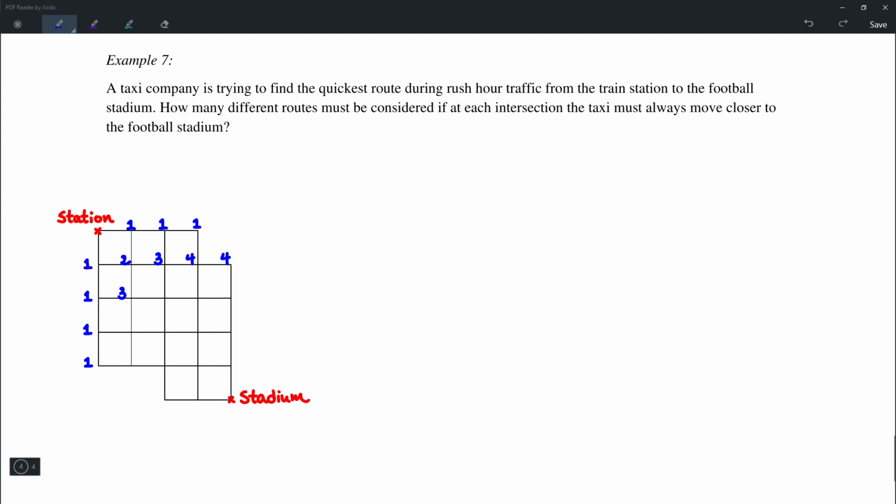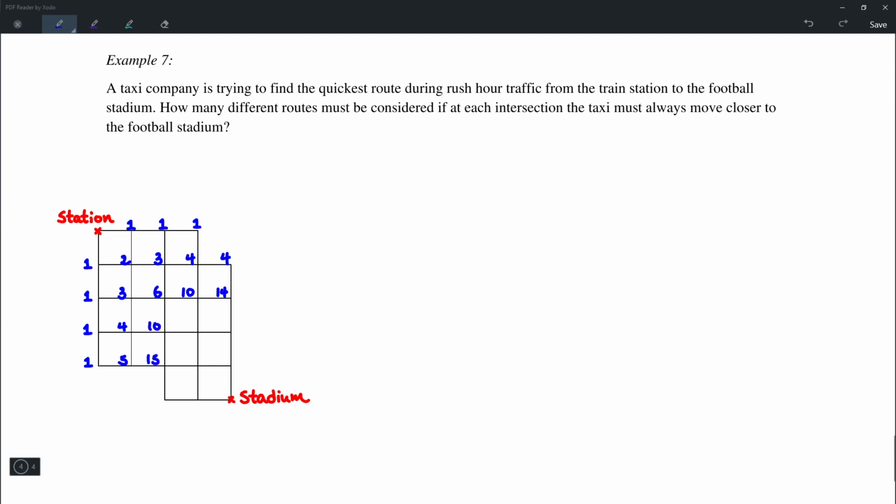Okay, so 2 plus 1 is 3. So we're always just adding the numbers from the previous 2 corners. So 3 plus 3, 6. 6 plus 4 is 10, and here we have 14, of course. So we can keep going. 4, 5, 10, 15.